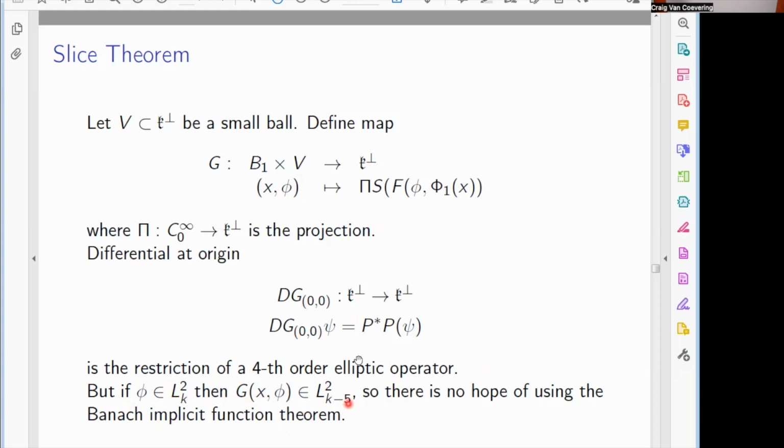But you lose derivatives: this is a fifth order nonlinear map with a fourth order derivative. So the elementary Banach implicit function theorem doesn't work.